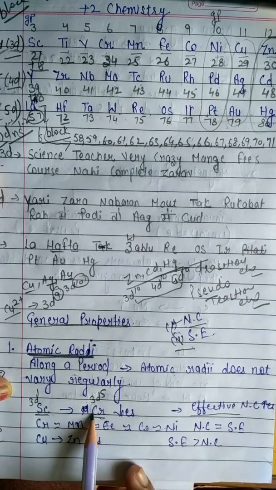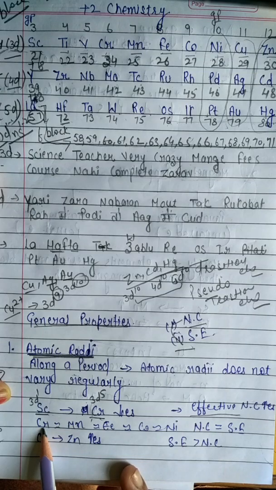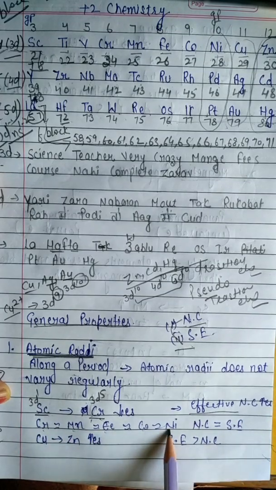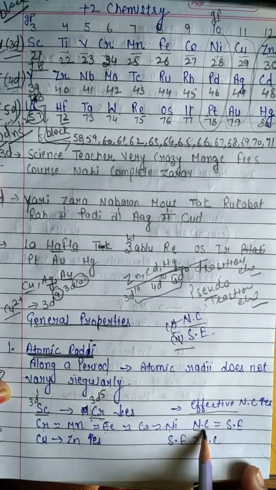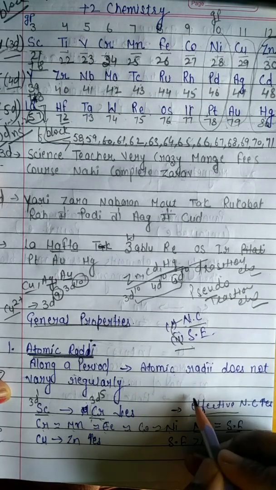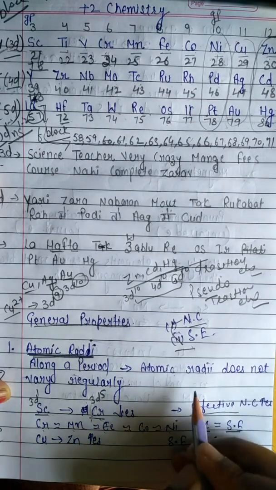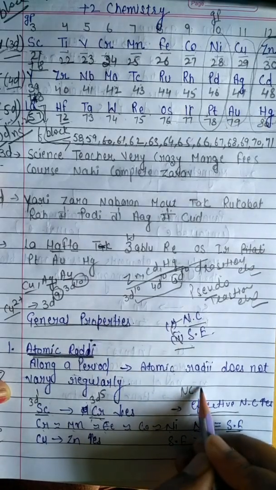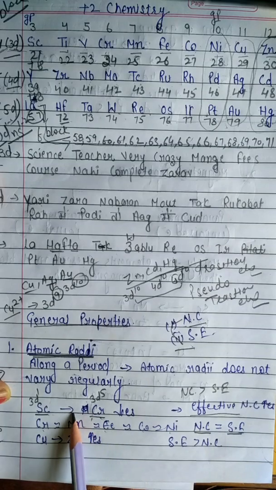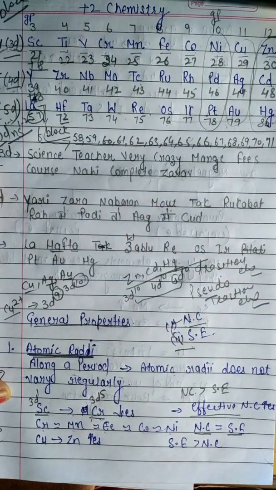After chromium, the atomic radius of chromium, manganese, iron, cobalt and nickel remains almost the same, because in these cases the nuclear charge is equal to the screening effect. In the first case, the effective nuclear charge is more than the screening effect, so the atomic radius decreases.